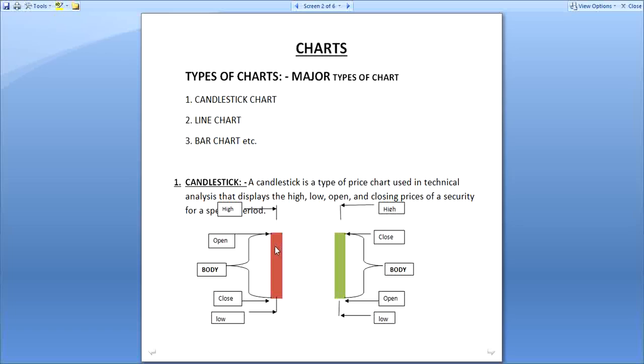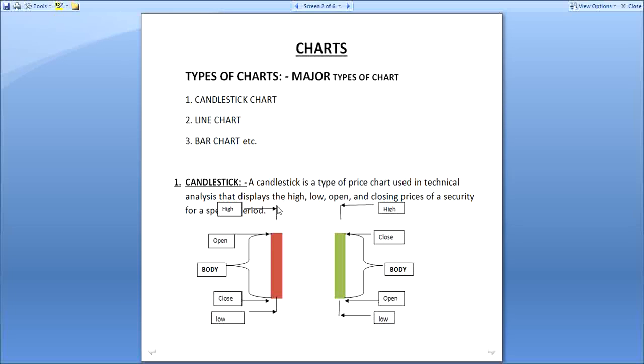Let's talk about the main thing in the candle. In a bearish candle, the share price open is at this point. Suppose it's 100 rupees. The candle starts at a price of 100 rupees. Let's take a 1 day candle. Suppose in the morning at 9:15 the candle opens at 100 rupees and goes up to 110.